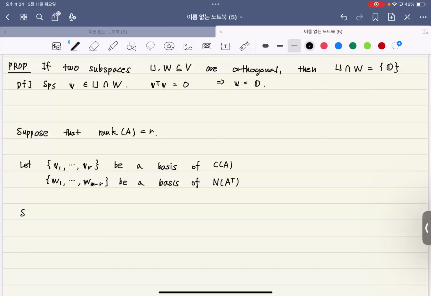To do that, let me consider this linear combination: C1 V1 plus ... plus CR VR plus D1 W1 plus ... plus D(M minus R) W(M minus R) equal to the zero vector. If I can show that all these coefficients equal zero, then that means these vectors are linearly independent.